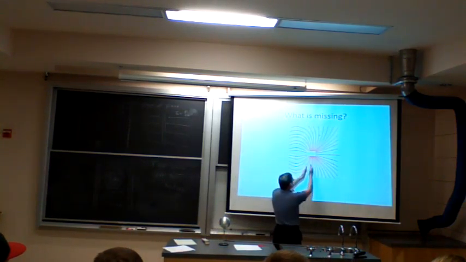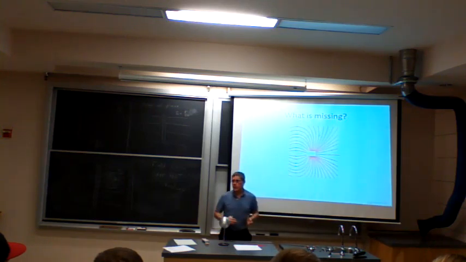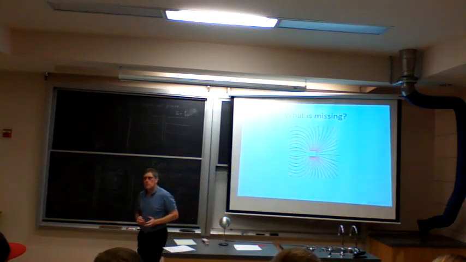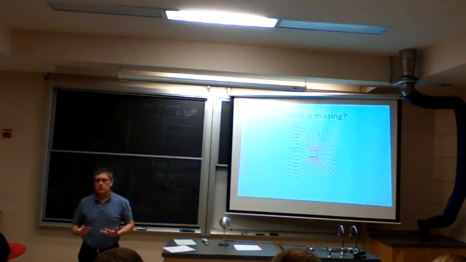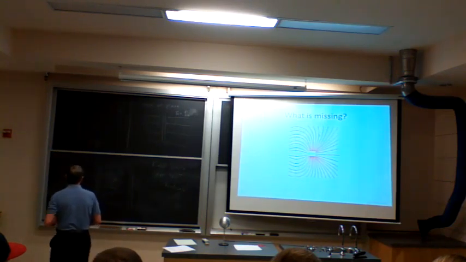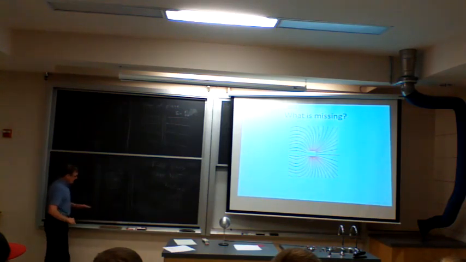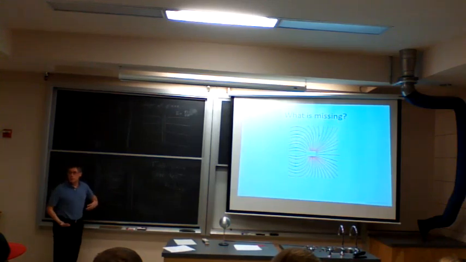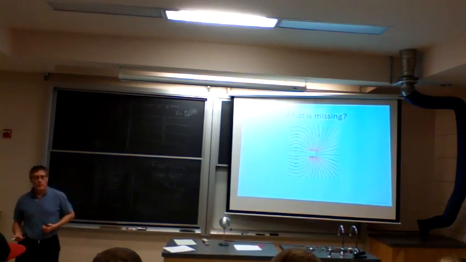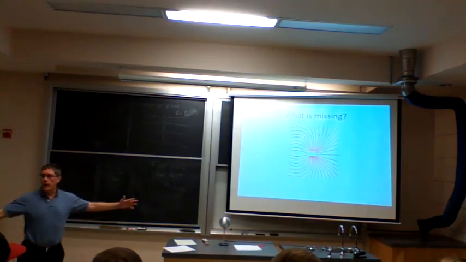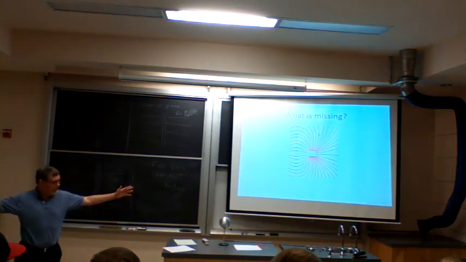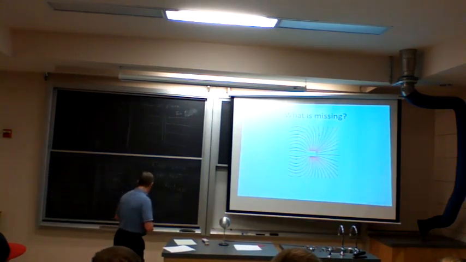Where those field lines come together, what does that imply about the field strength? It's become stronger. Here, where the field lines are in the same direction, they're not becoming more dense or less dense, the field is uniform. Where the field lines are spreading out, that implies that the field is getting weaker.